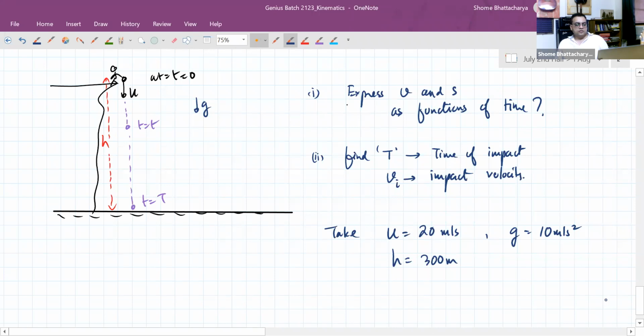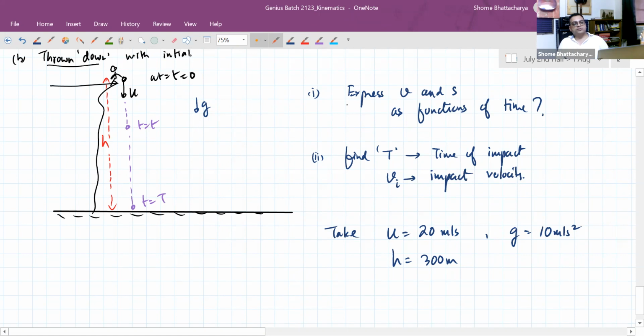Okay, so let's try this now. This is the second case. It is thrown down with initial velocity.